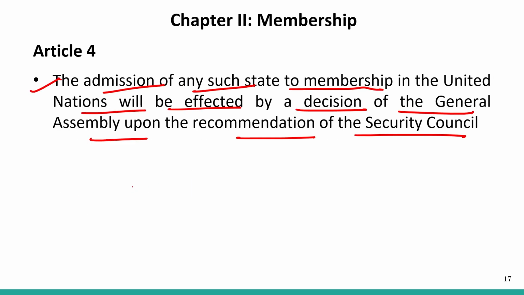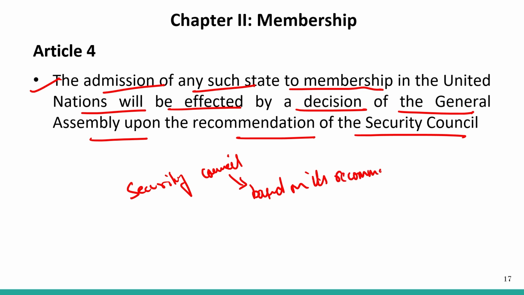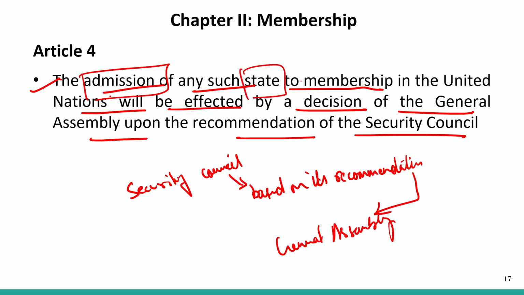So now, based on the recommendation of the Security Council, the General Assembly will admit such a state to the membership of the United Nations.